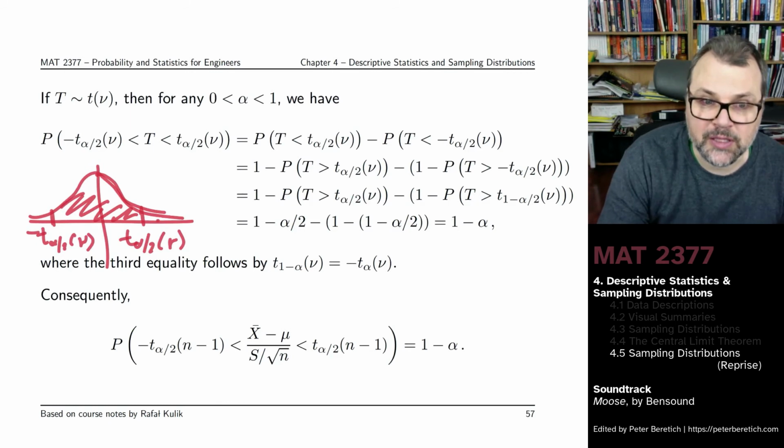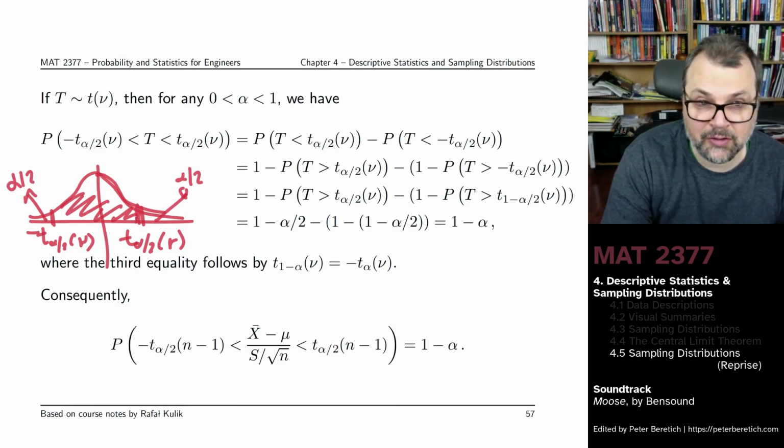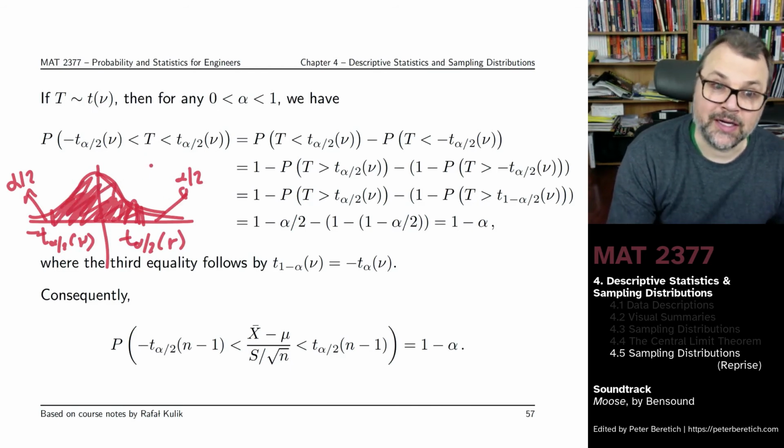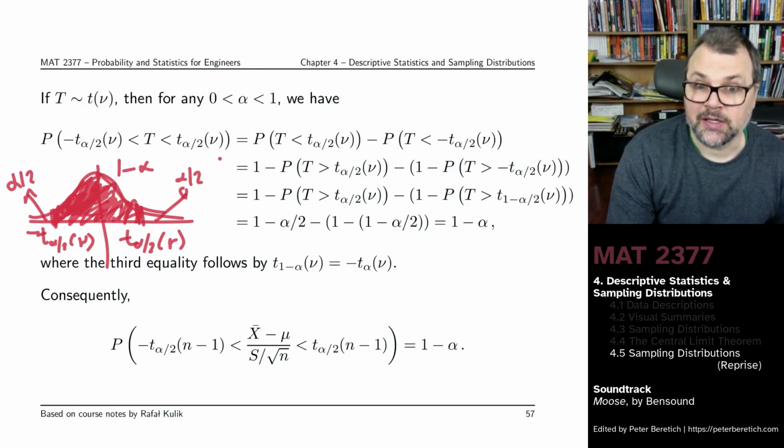We pick this because it means that the area here is alpha over 2, and this area here is alpha over 2 as well, which means that since the area underneath the curve has to be equal to 1, the area under the curve between these 2 points has to be equal to 1 minus alpha. And if you do the sum, alpha over 2 plus alpha over 2 is alpha, plus 1 minus alpha, that's equal to 1.